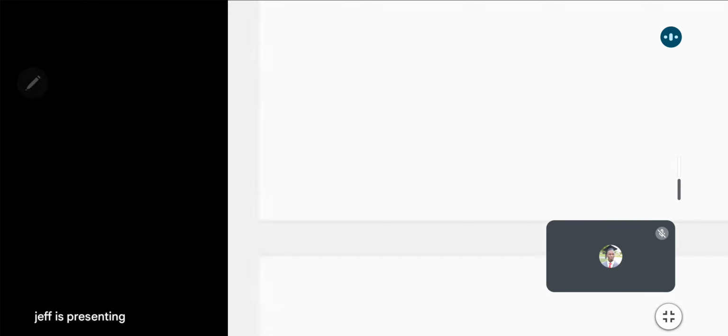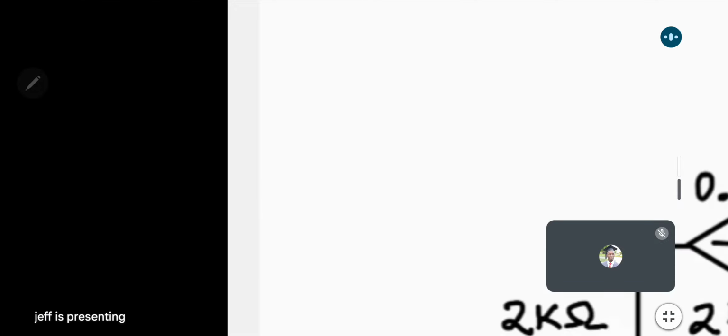In fact, if it is easy for you to get both I Norton and V Thevenin, you might as well find both for the two circuits. Then instead of finding R Thevenin, if you have V Thevenin and I Norton, you can easily use them here to get what R Thevenin is going to be, or R Norton, and then you will have your circuit figured out.